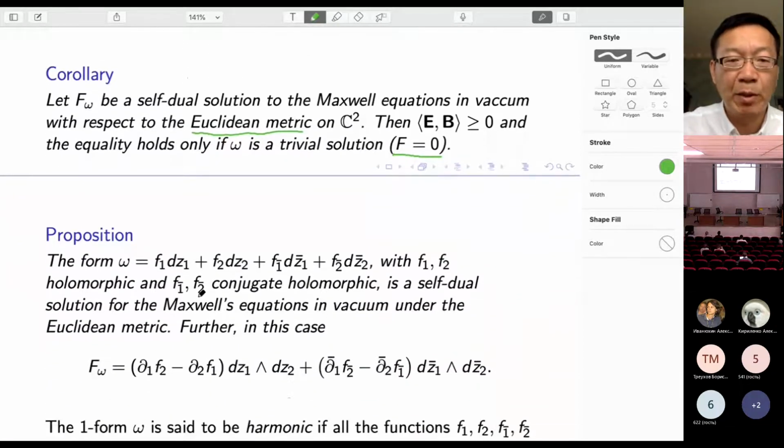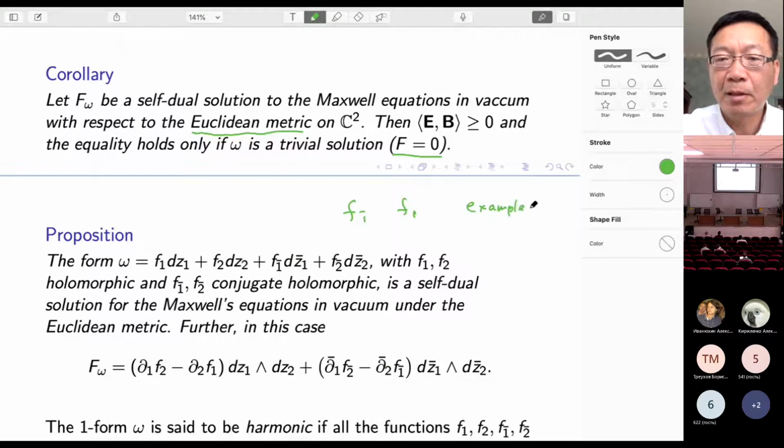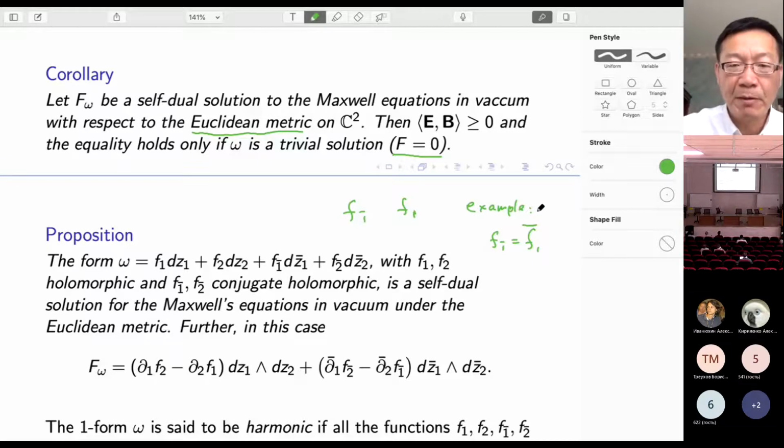And this proposition is what I just mentioned. If F1, F2 are holomorphic, F1 bar, F2 bar are conjugate holomorphic. By the way, the F1 bar and F1 have nothing to do with each other. They are just arbitrary functions. But later we will see a case that F1 bar equals the conjugate of F1. Okay, so we'll see that later. But for now, all these are arbitrary smooth functions.